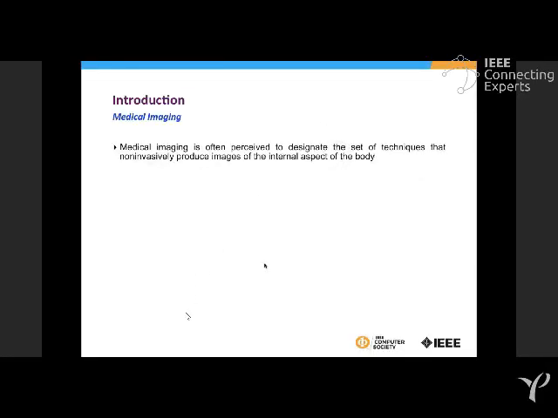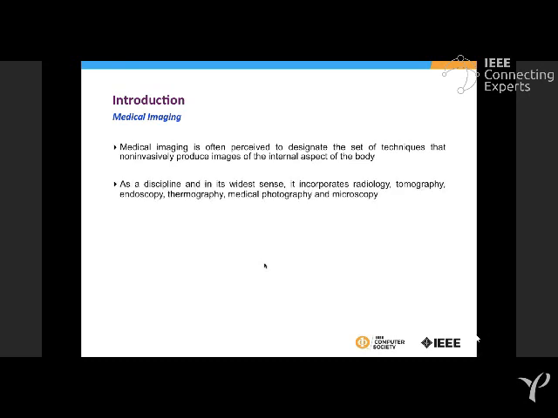It is obviously pretty complex in the sense that there are multiple ways we can capture the images, and the different forms of images give different information of the particular body part or organ. It is not only structural imaging; images can also be generated which give the functional view of the organs.